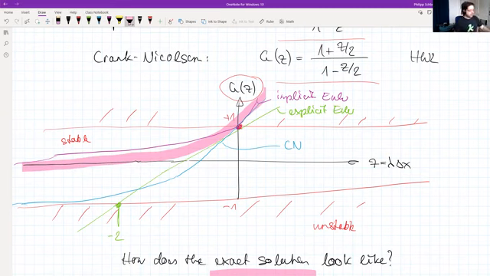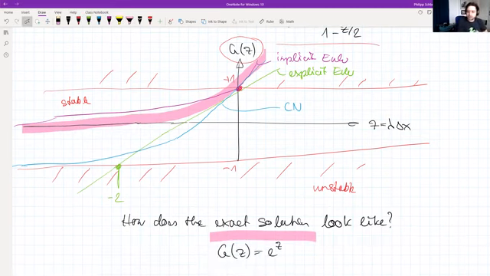So you will see from this that the exact solution approaches 0 for -infinity.